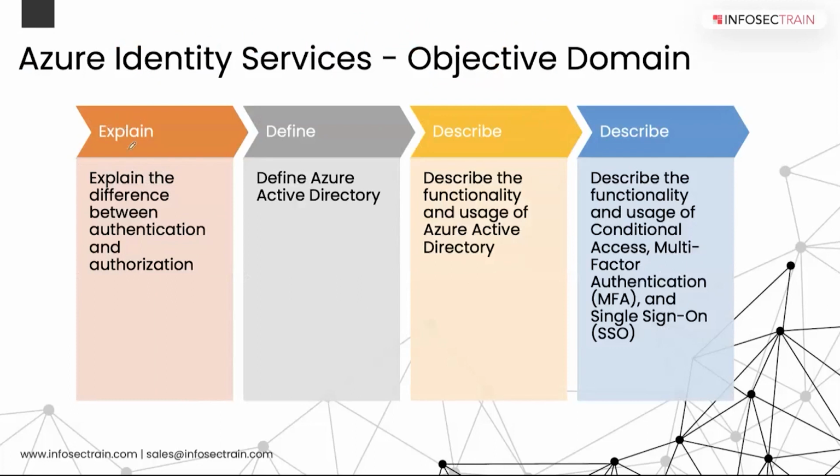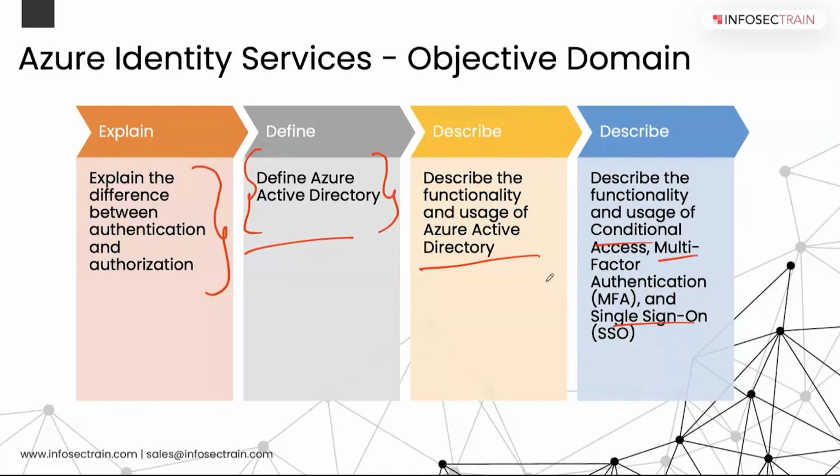Our objective will be to explain the differences between authentication and authorization, tell you what Azure Active Directory is, and describe its functionality and uses, and then services like MFA, single sign-on, and conditional access policy. You might have heard conditional access policy, multi-factor authentication, and single sign-on; they are the most common terms.